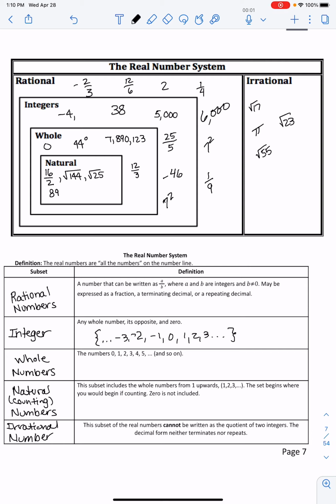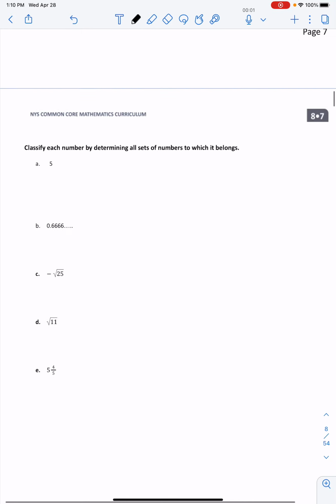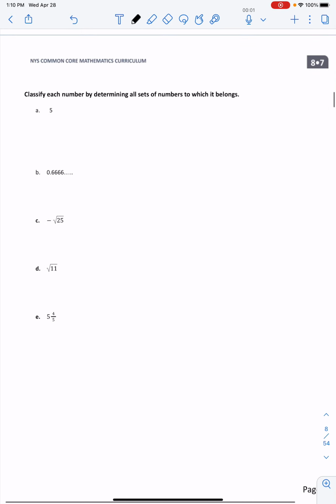So they're whole numbers. Now, the one thing that you want to understand is we can go from the inside out, but not the outside in. So if it's a natural number, it would be a natural, a whole, integer, and rational. But just because it's rational does not mean that it's an integer, a whole, or a natural number. Okay? So now, let's classify some of these numbers by determining all the sets to which they belong.